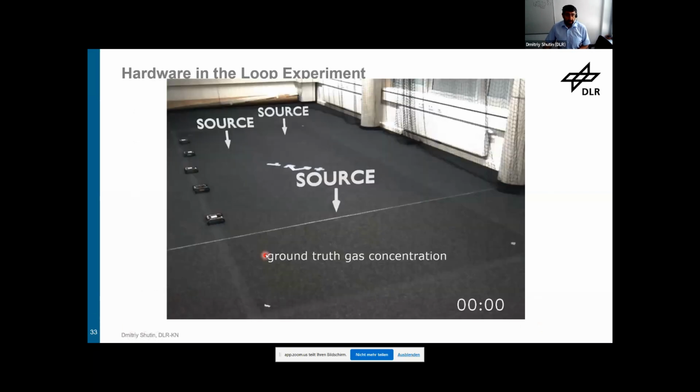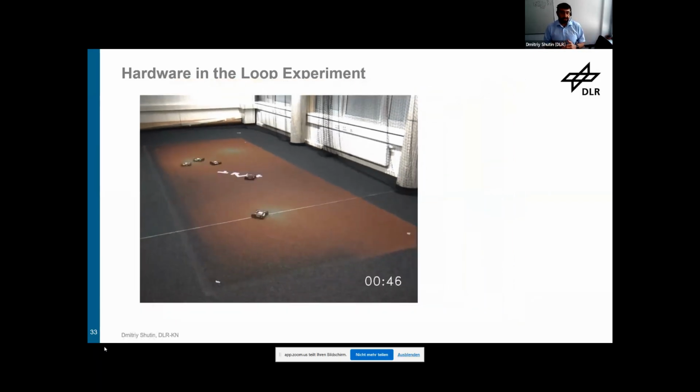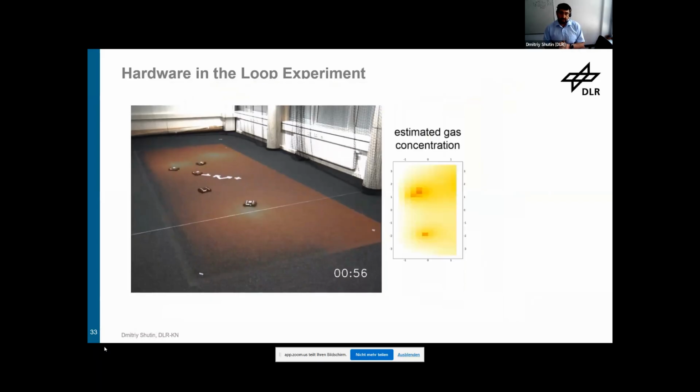This is just a small example of the strategy running in an experiment. We have here 5 robots that implement this strategy in real time. It's a decentralized approach, so the robots do not send the data to a communication center. They do not know where the sources are. Of course, it's a laboratory experiment, so the measurements of the gas concentration are synthetic.